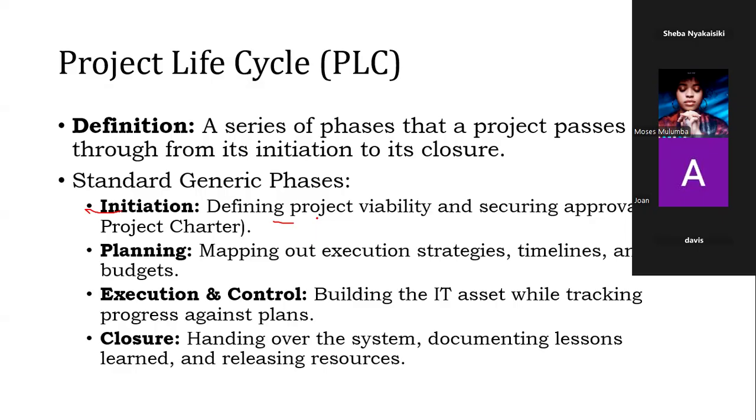So that is the initial stage before you set it up. In this stage, you as a project manager are going through all these questions. Will this be a viable project that 1, 2, 3 years from now, the company will say, this was a viable project? So by the time you are defining the viability, your intention is to gain approval, getting the project charter.